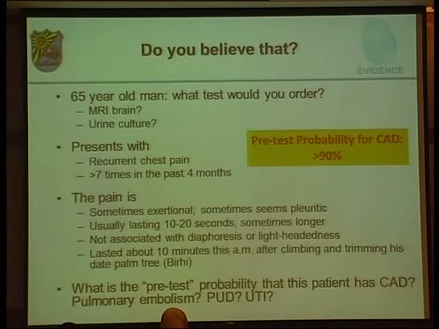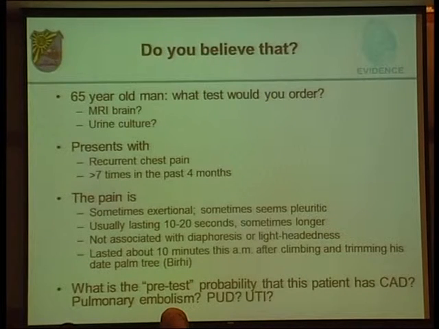Okay. So what would you rate this man's pretest probability that he has heart disease now? Would you say it's 20%? Would you say it's 50%? Would you say it's 70%? 90%? Well, no, but you're dealing with this patient. He has chest pain 7 times in 4 months. It's exertional and etc. So you're not concerned.